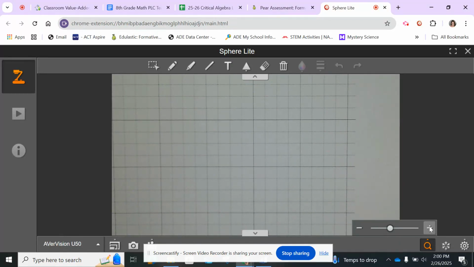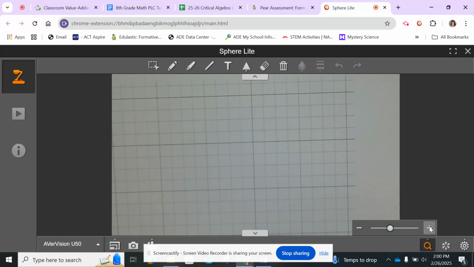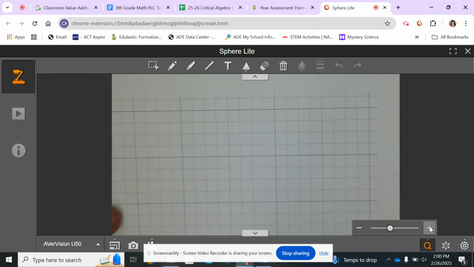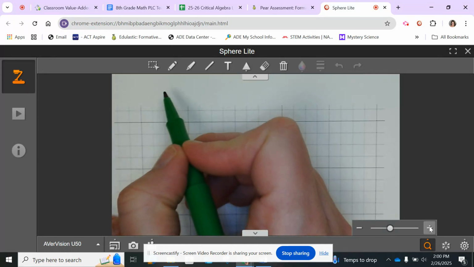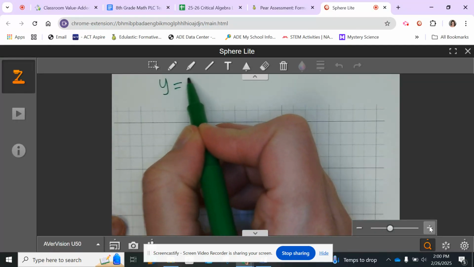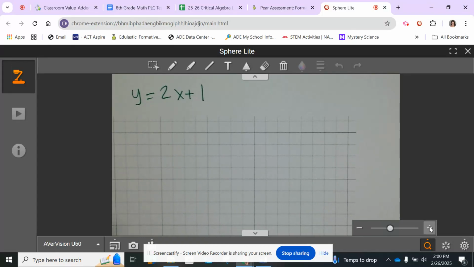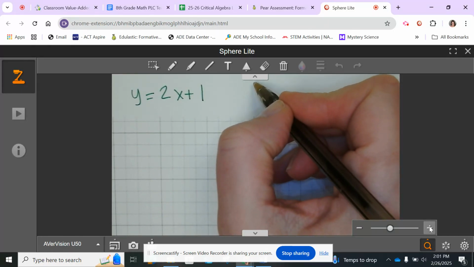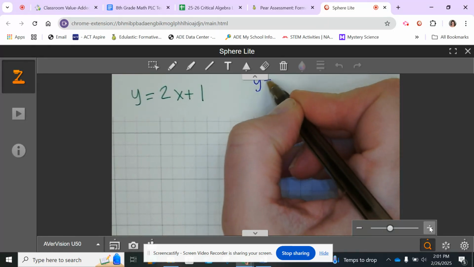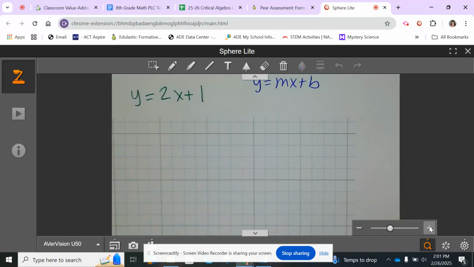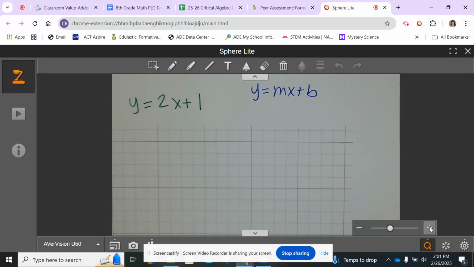Now we're going to shift. What if another form is I'm going to give you the equation of a linear function, and let's say I write as y equals 2x plus 1. Remember, what you learned in 8th grade, and you've still continued doing that in 9th grade this year, is the slope-intercept form, y equals mx plus b.